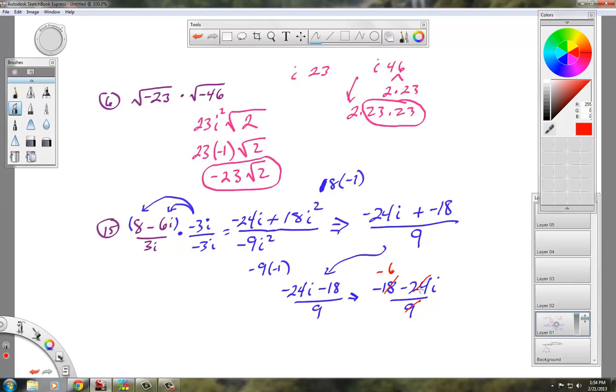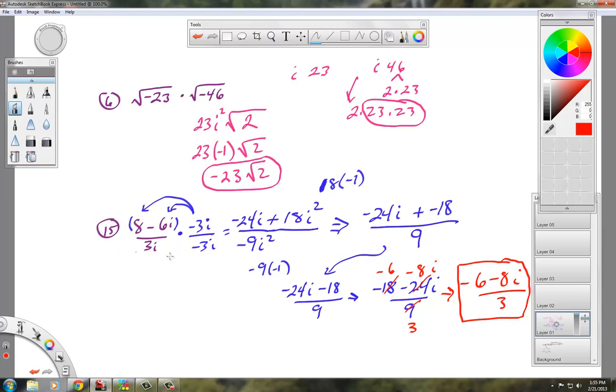It goes into this negative 8 times. And 3 goes into 9 3 times. So if I rewrite this, this is negative 6 minus 8, and don't forget the i here, 8i over 3. And that would be your final answer for that problem.